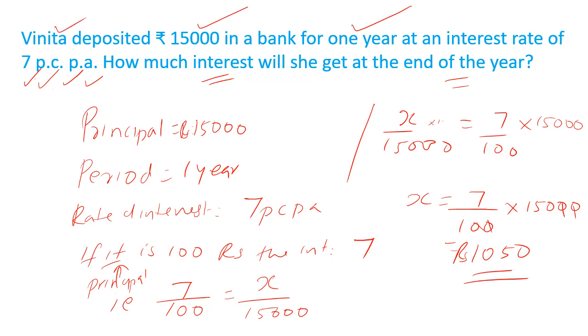So after depositing 15,000, after 1 year she will get 15,000 plus 1,050 rupees. Understood? This way we calculate this.